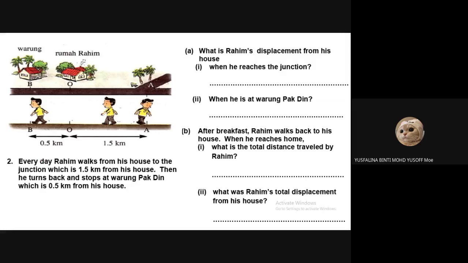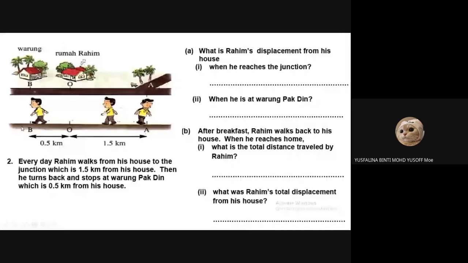Every day Rahim walks from his house to the junction, which is 1.5 kilometer from his house. I already told you forward is positive and backward is negative. So 1.5, and we don't need to put the positive sign.